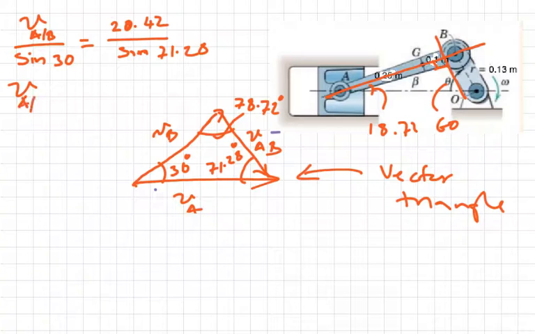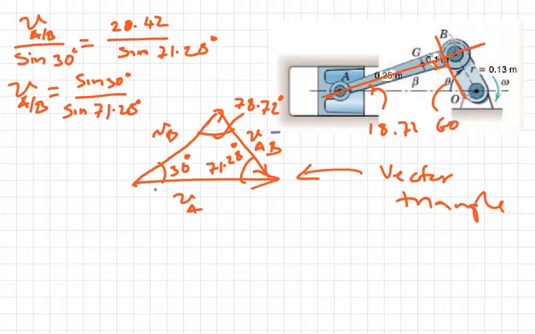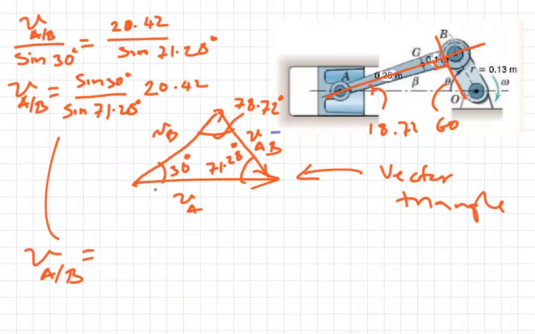So VAB will be equal to sine 30 degrees, these are all degrees, over sine 71.28 degrees multiplied by 20.42, and if you find the sines and you calculate that, you should get 10.78 meters per second. So we have the velocities computed.